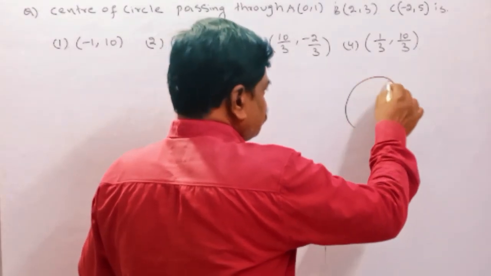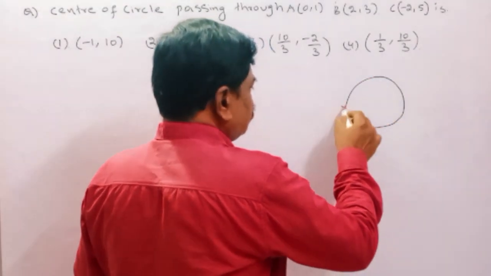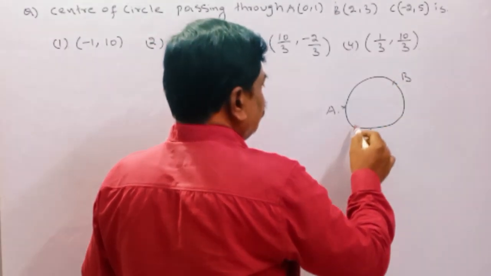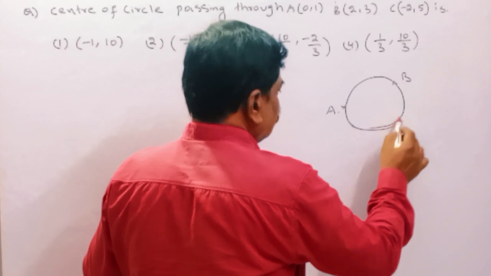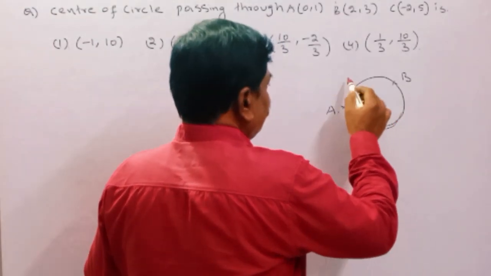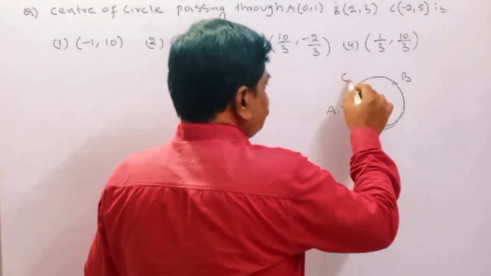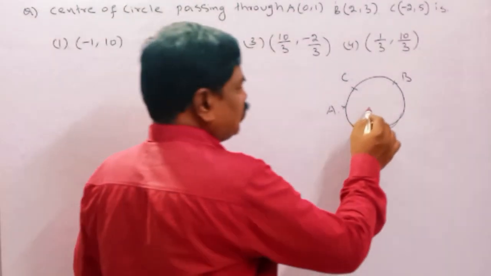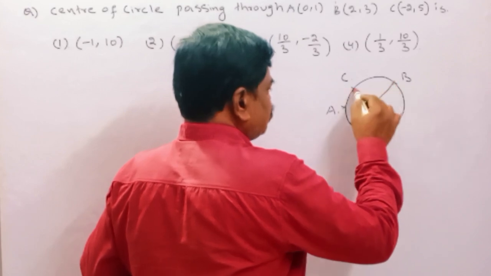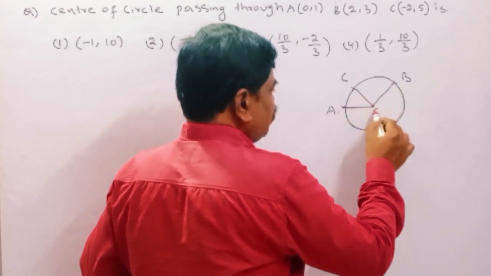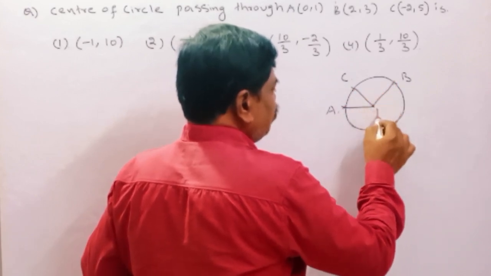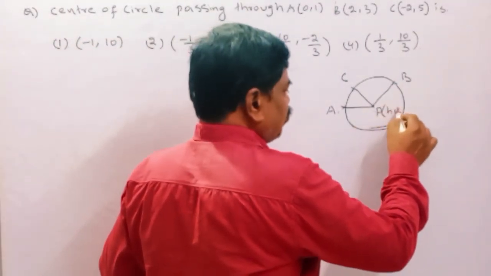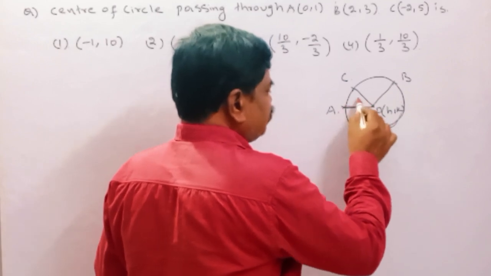Here you see the circle, and this is the point A, this is the point B, and this is the point C. Then we have to find the center of the circle. Let P be the center of the circle, H comma K, and this is the radius of the circle.